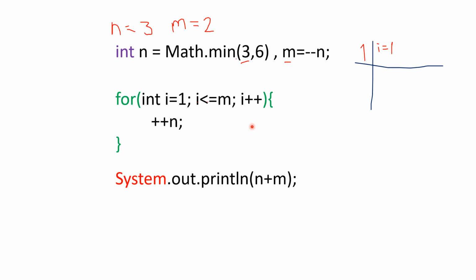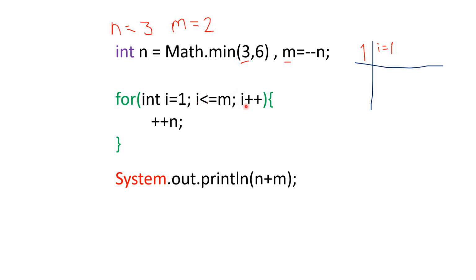So in this expression, i less than or equal to m, what's the value of i here? Well, as we know, it's 1, as we have already declared it in the first instance itself. So the value of i is 1, and m we have found is 2. So is i less than or equal to 2? Yes, it's true. That means this loop will execute.